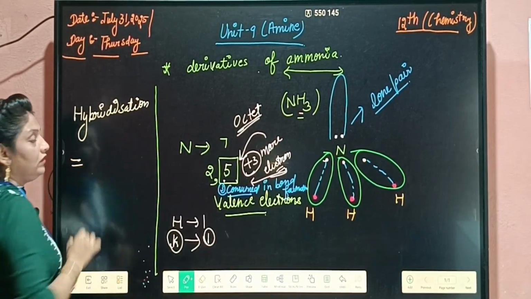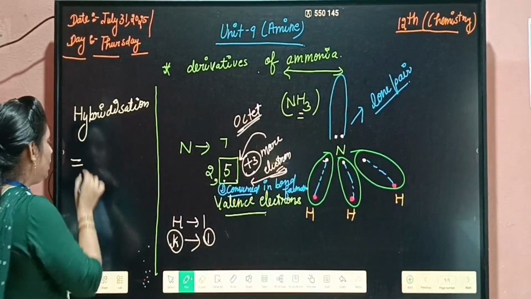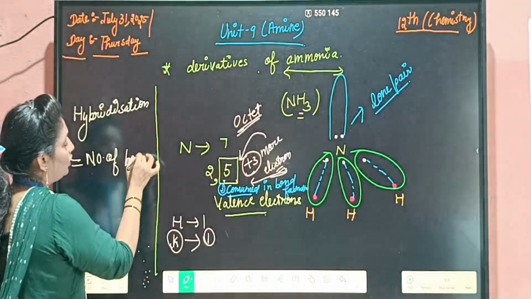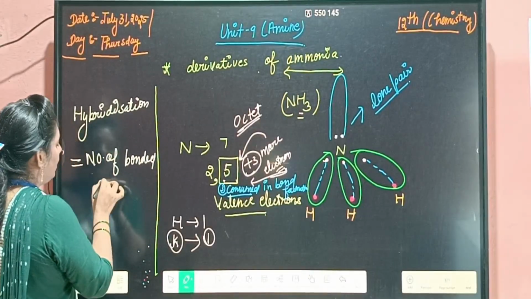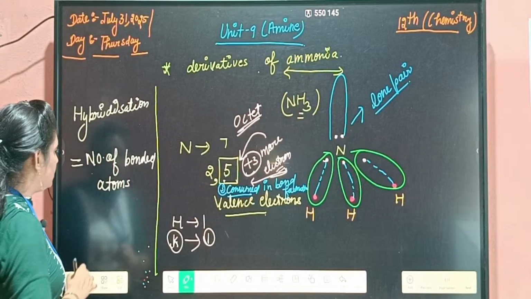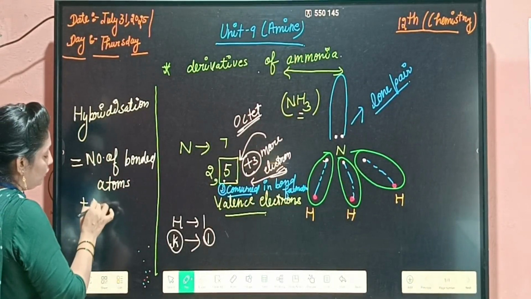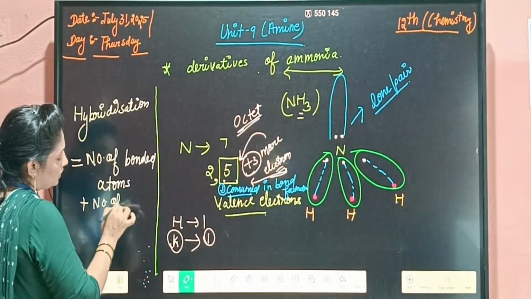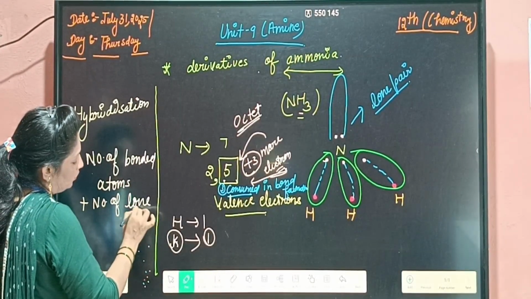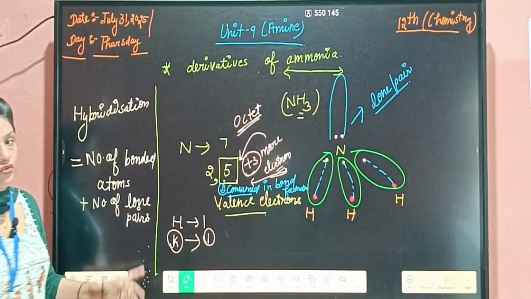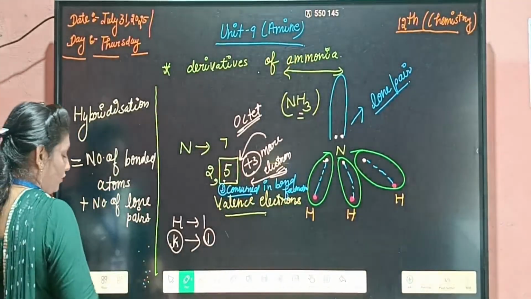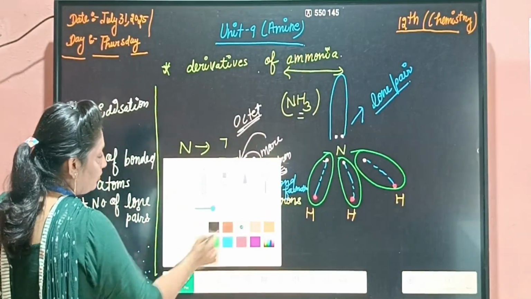Hybridization is equal to the number of bonded atoms plus the number of lone pairs. These two things you will see.